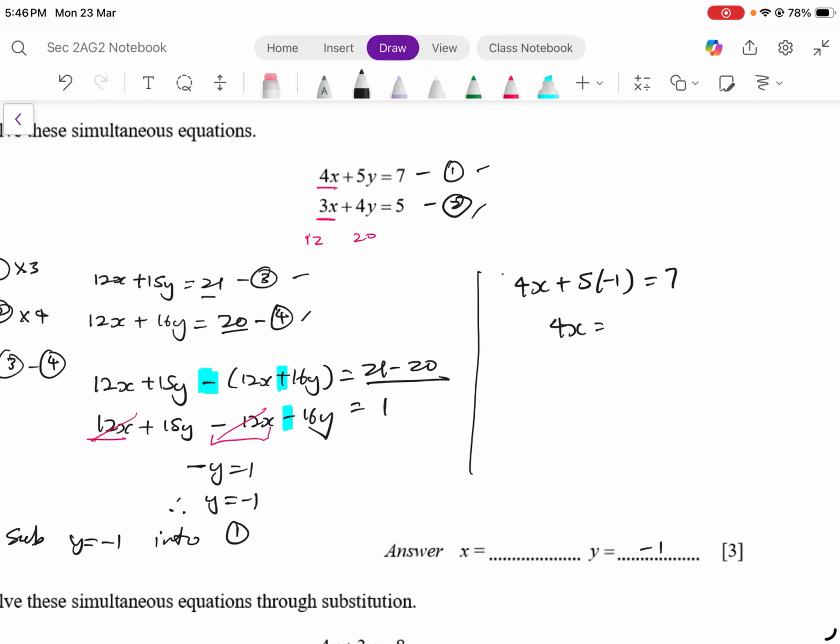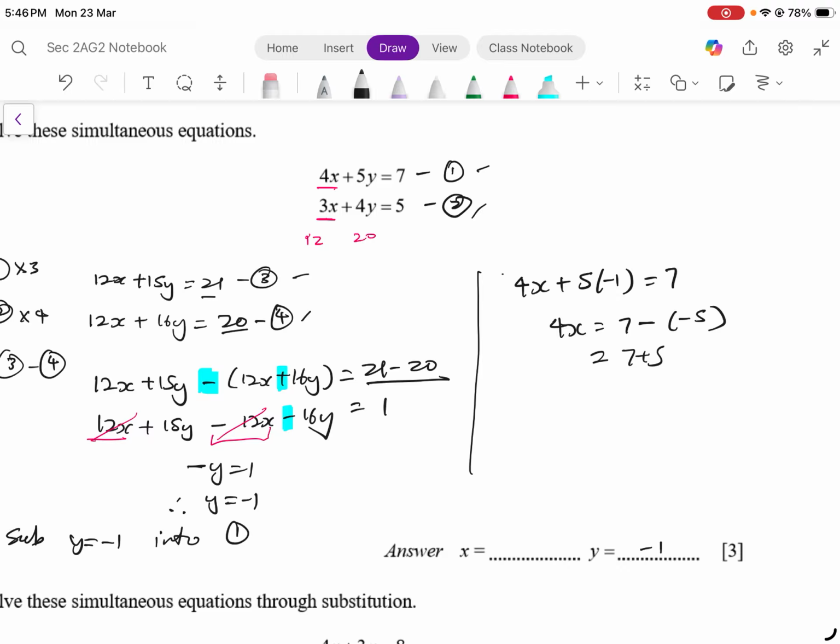So 4x equals 7 plus 5, which is 12. X equals 12 divided by 4 equals 3. So very quickly we are able to get the answer for the first one.